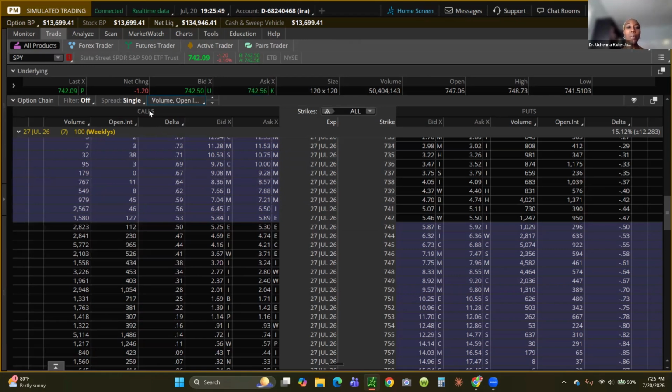So more people are selling calls than buying calls because you only have 7 days, right? And as a buyer, we need the option to finish in the money, so in the purple shading. But as a seller, we need our option to finish out of the money.